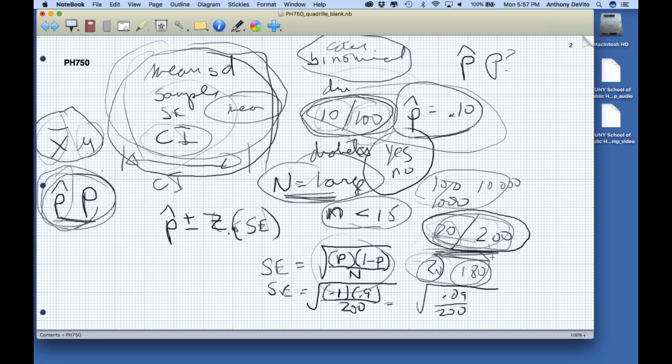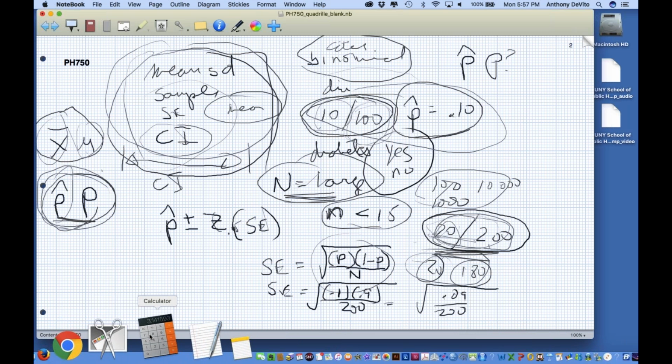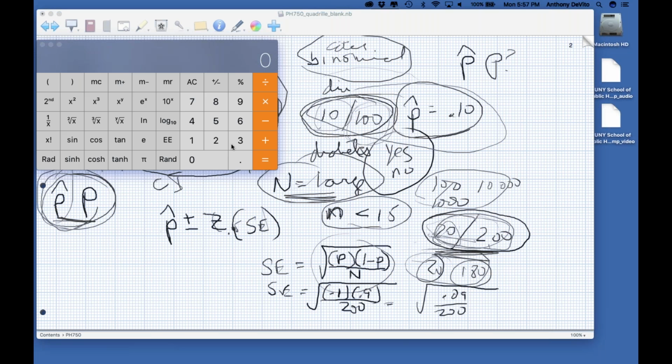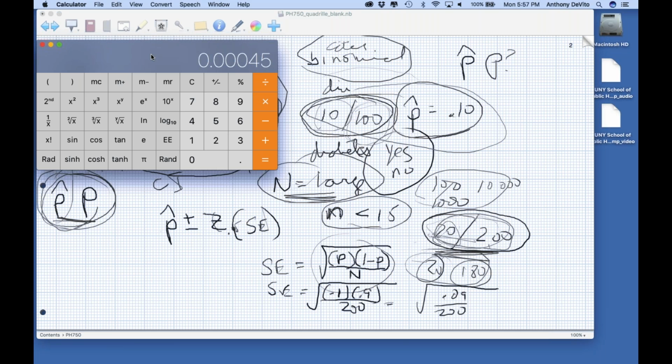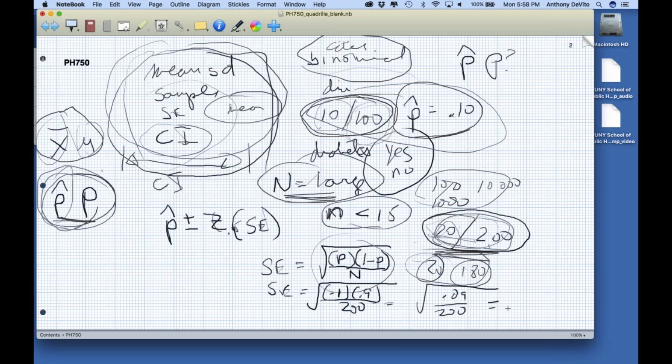I'm going to calculate that. 0.09 divided by 200 is equal to 0.00045. Well, now I have to take the square root of that, and it's 0.021. I'm going to round it off to 0.02 for our purposes tonight. You wouldn't round it off that severely, but I'm going to do that for our purposes. So this is equal to 0.02.